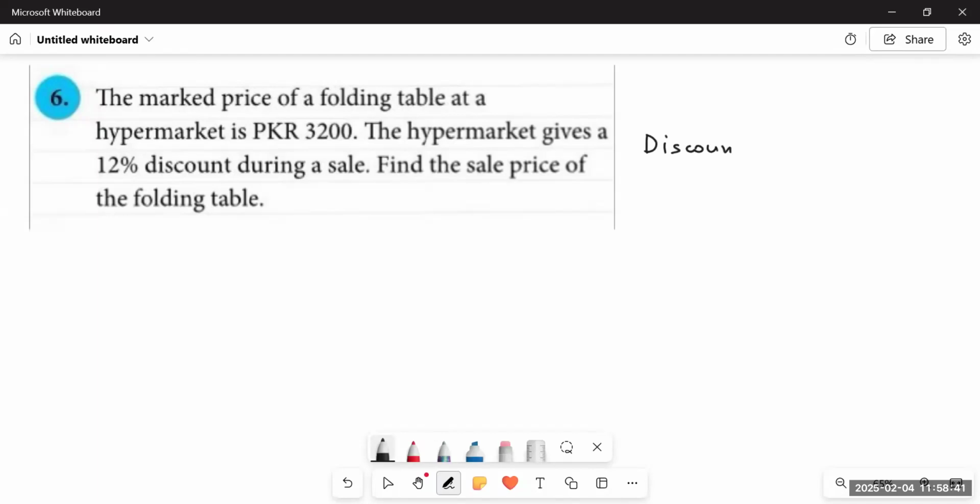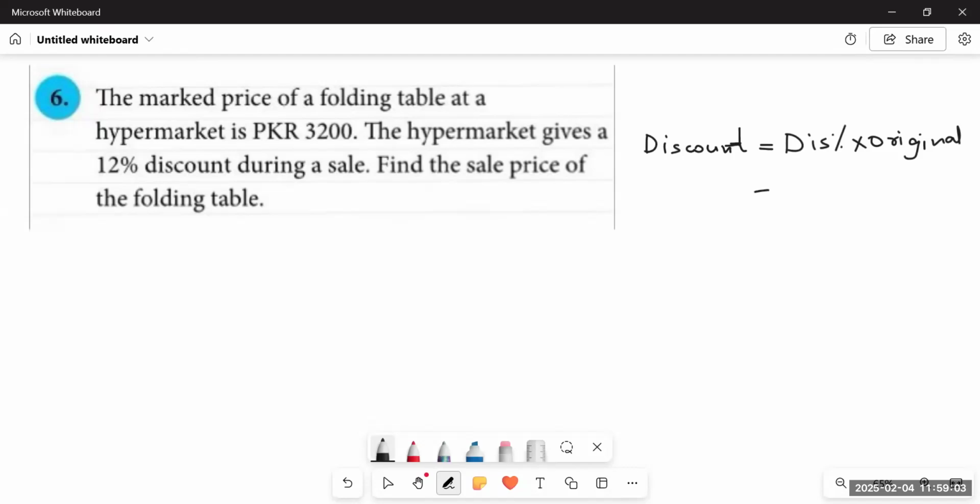We will first find the discount, using this formula: discount percent multiplied by original cost. Do remember that if the total is given along with a percentage of any of the parts, you can simply find that particular part by multiplying that particular percentage with the original cost.